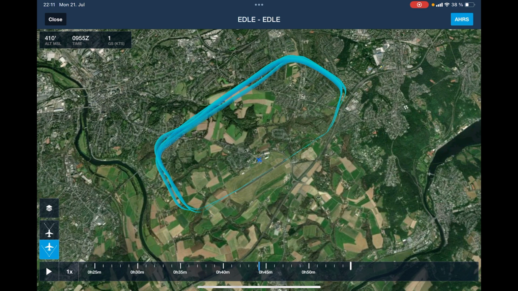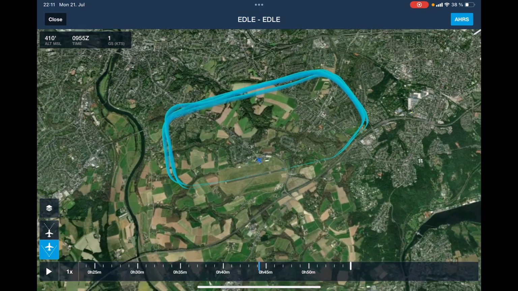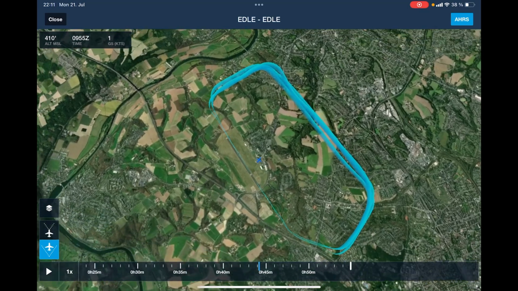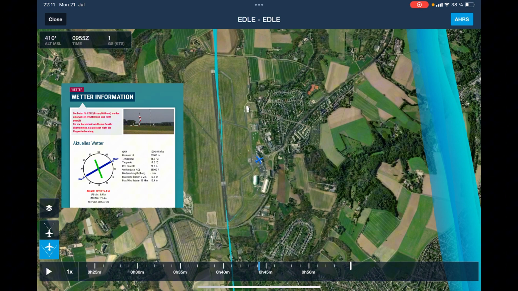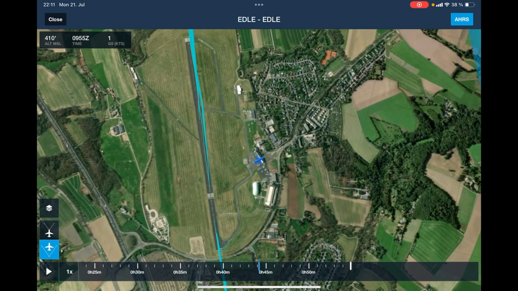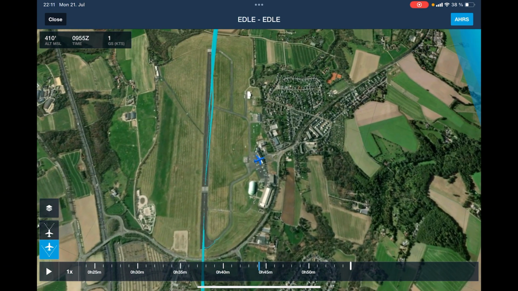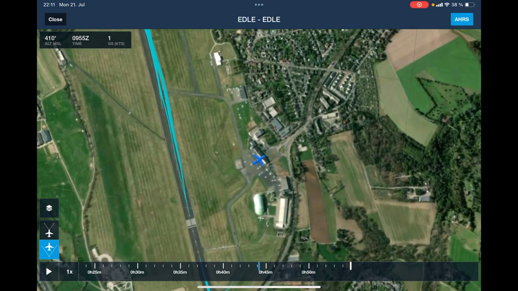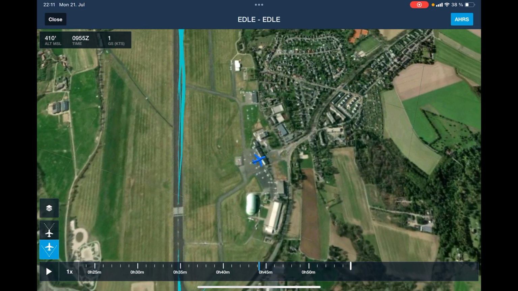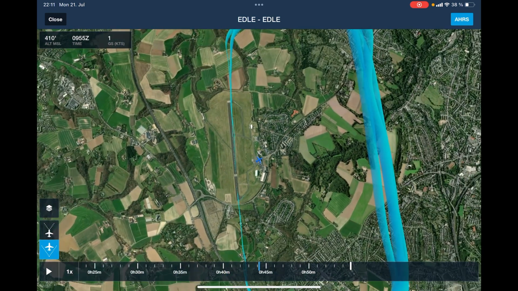Flying on VR or MSFS is relatively simple, but in actual conditions, especially on a windy day, on this day we had 10 knots coming from 330, and I'm flying from runway 240, and I had to use a lot of rudder on that day to keep me on that center line.